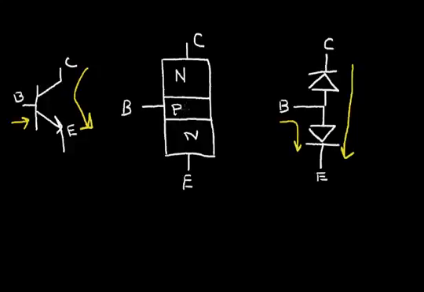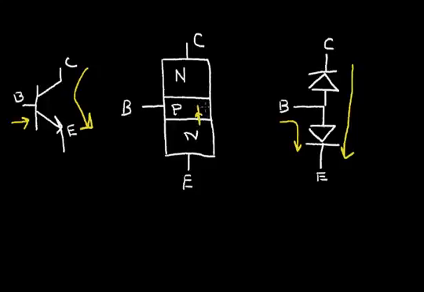So let's think about what's happening in this region. Now we know that in the N material the predominant carriers are electrons. So when this base emitter diode is forward biased, we get a large amount of electrons that flow into this base region.